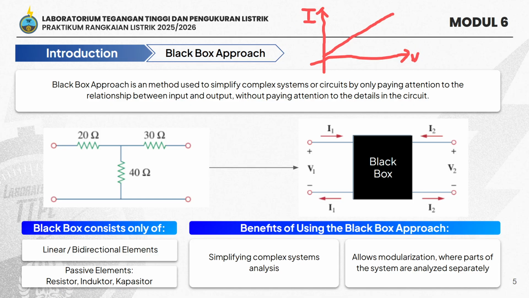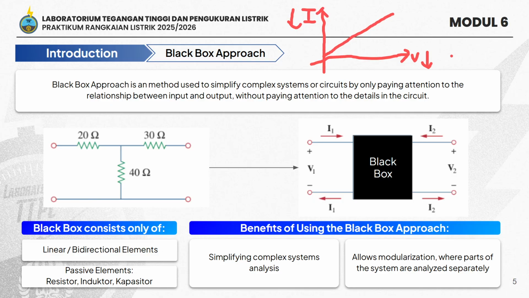And if the voltage is dropping, the current will be dropping too. So linear, by definition, has to be bidirectional in terms of the value of its parameters.